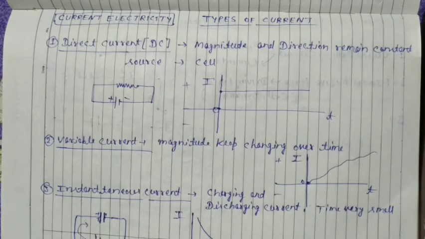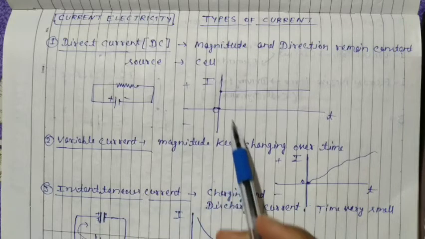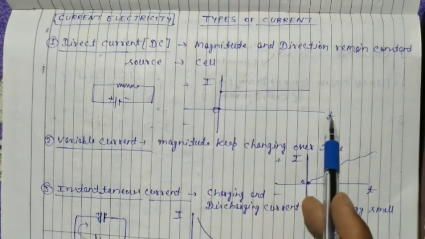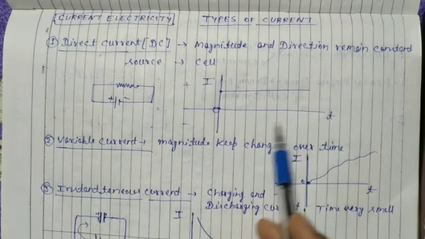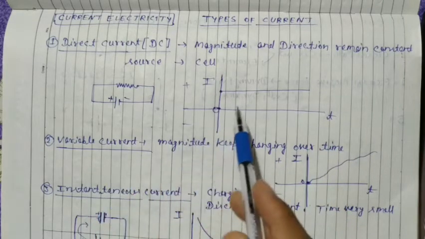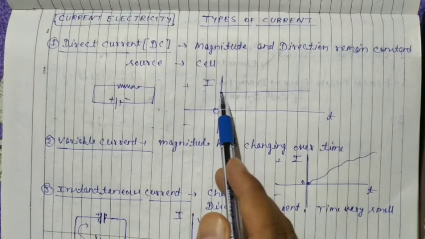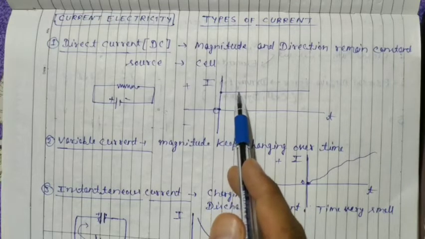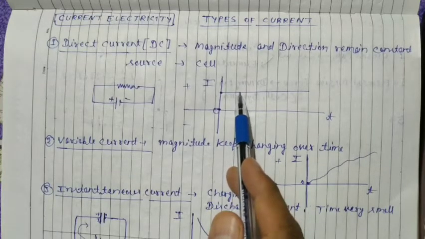If I make a graph, then this is current I and this is time t. For one second, this is the current. For the next 1 second, the same is the current. Third second, the same is the current value.